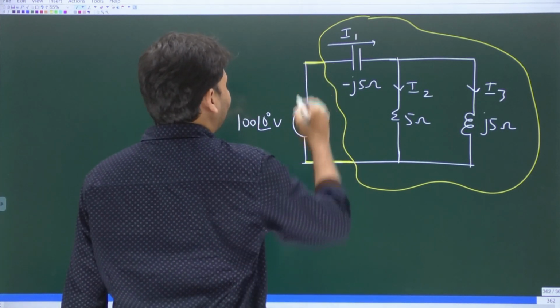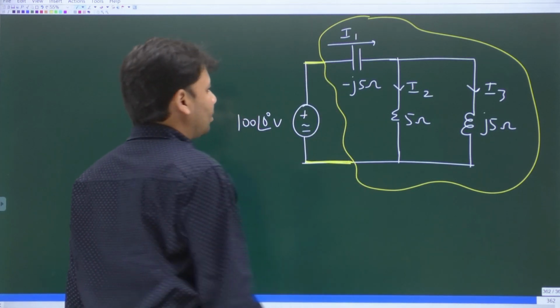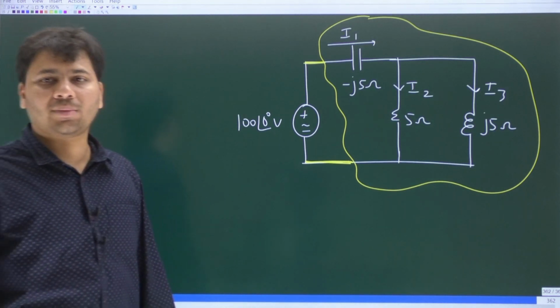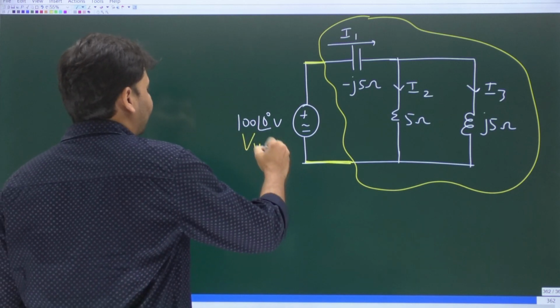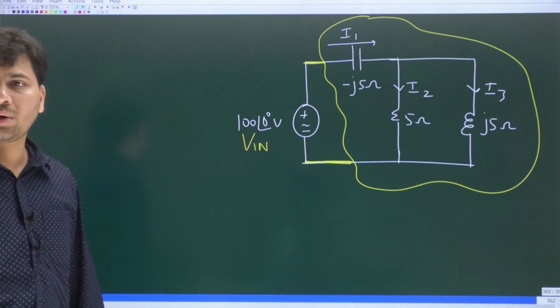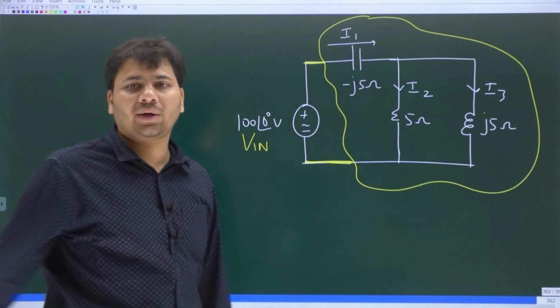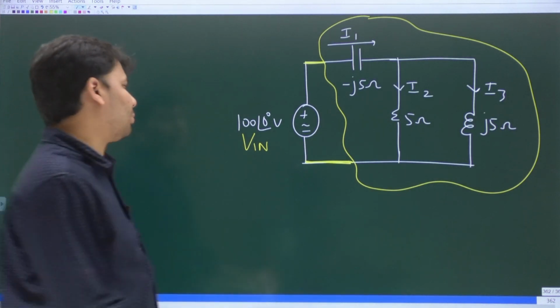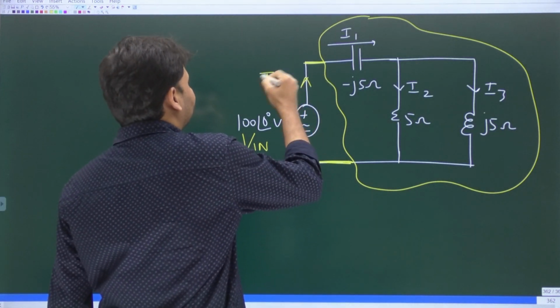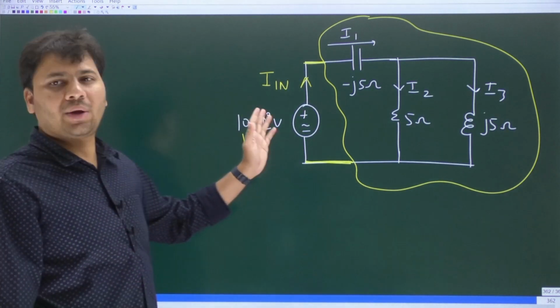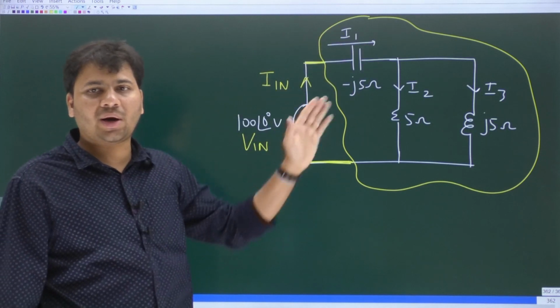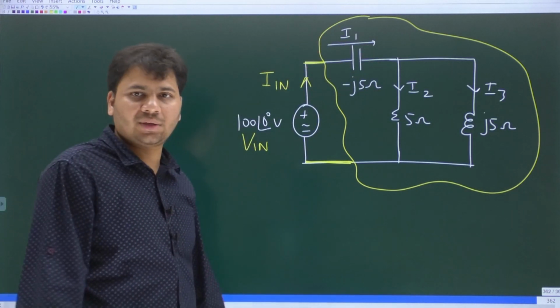So clearly we have two terminals, and these two terminals will form what? A port. And this 100 angle 0 degrees, it is like the phasor input voltage applied across this yellow color one port network. Okay. And this phasor input current, let it be denoted by Iin. And here you can note that this Iin is same as what? I1. Yes, Iin is same as I1.